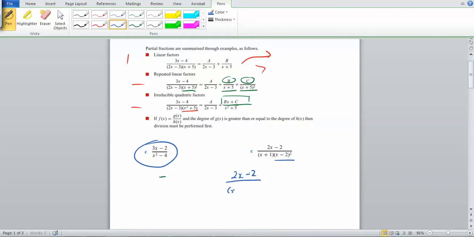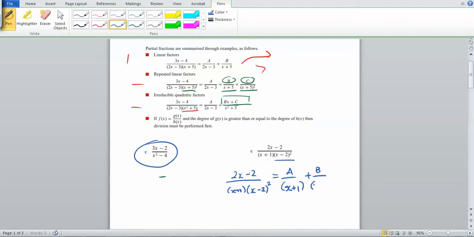So let's go ahead and do 2x minus 2 over x plus 1 times x minus 2 all squared, which is equal to a constant over x plus 1, plus another constant.